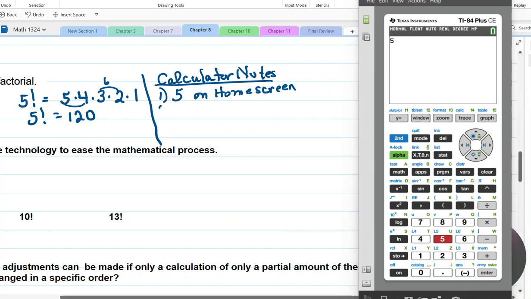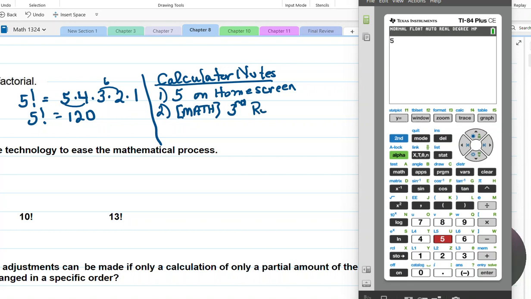Okay, our second step is to find the math key. It is the third row, first key. It spells out math. So I'm going to hit the math key.